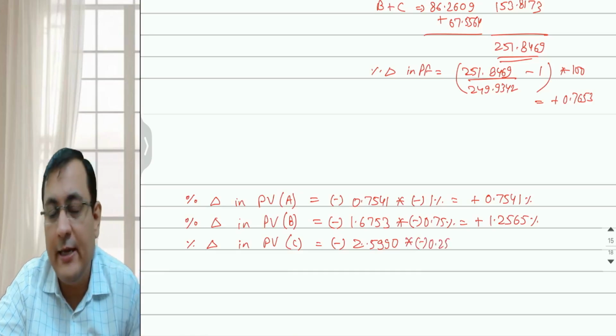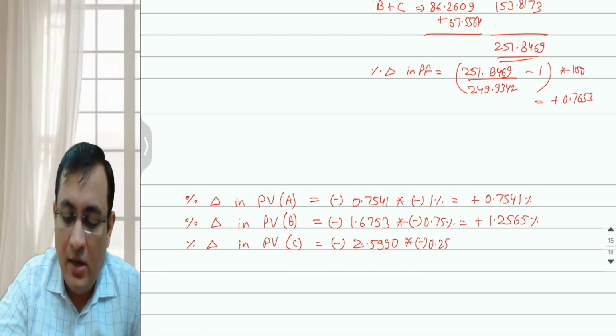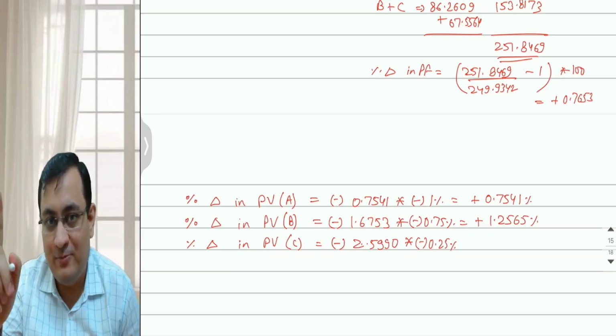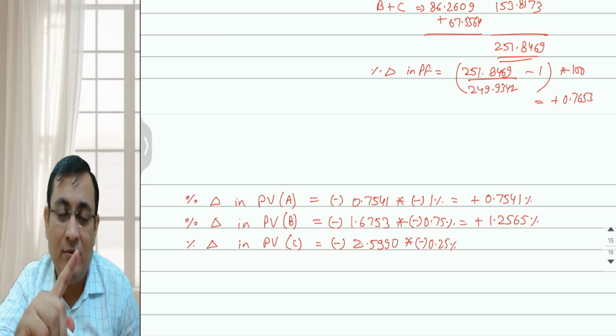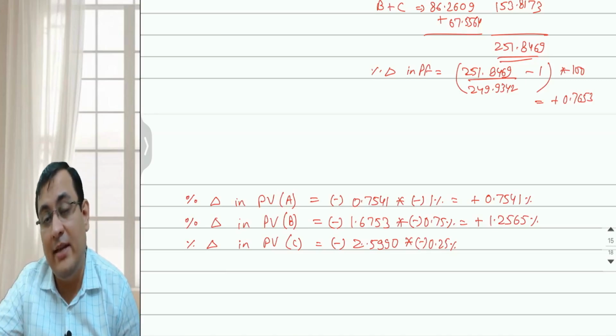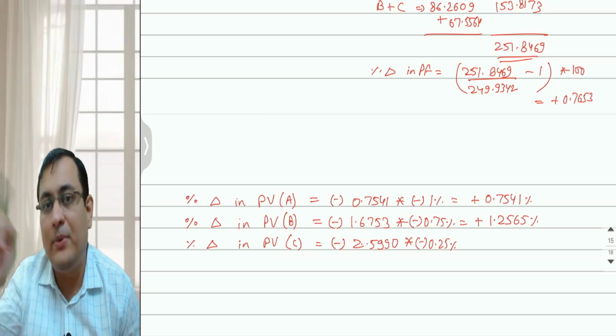Earlier we were saying that the higher the duration, the higher is the risk and change. But that is true only if there is a parallel shift. So a 2-year duration will have a 2% change, a 5-year duration will have a 5% change, and a 10-year duration will have a 10% change for a 1% parallel shift.